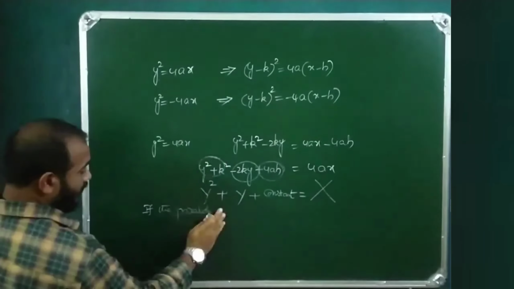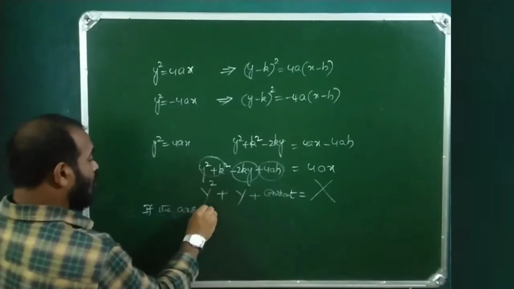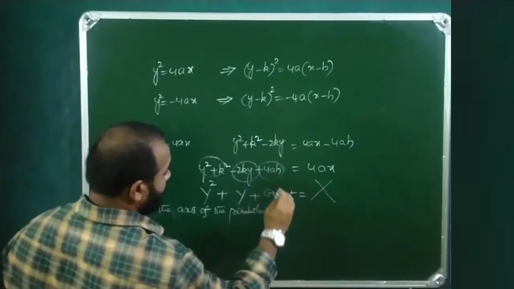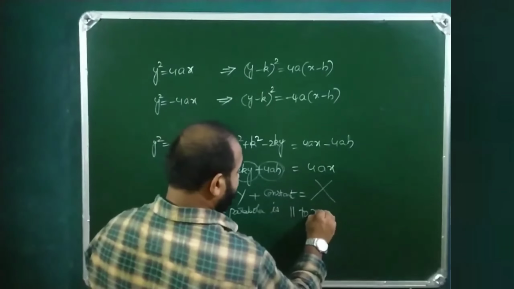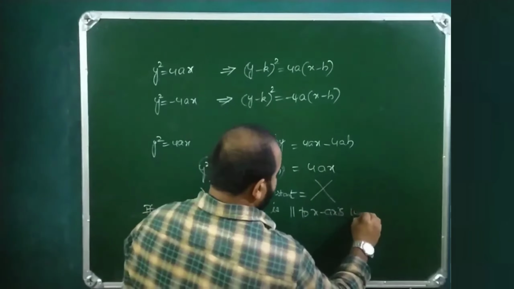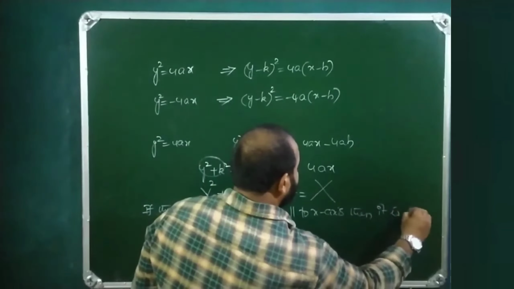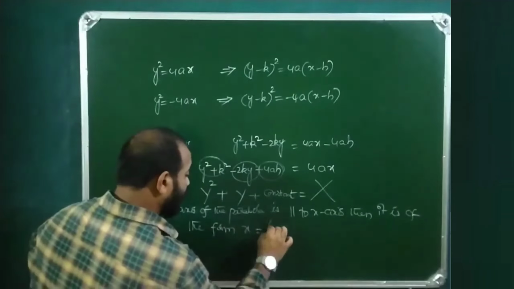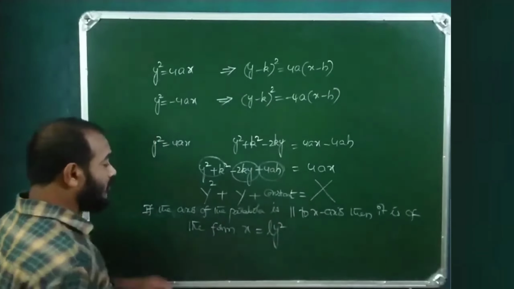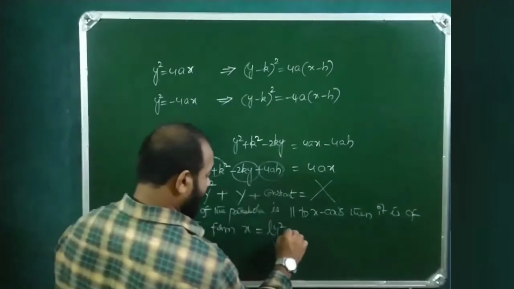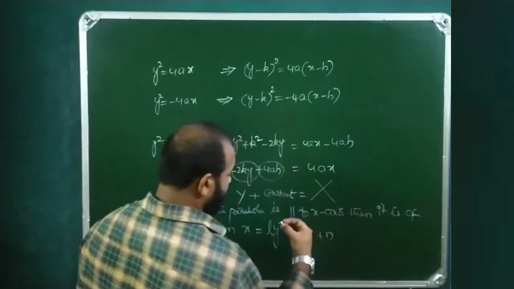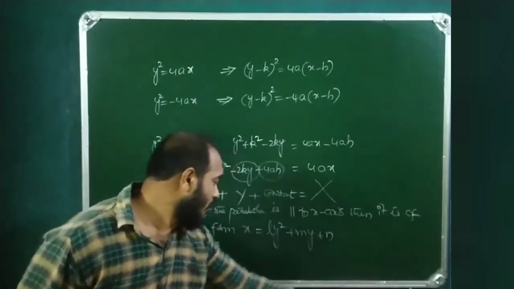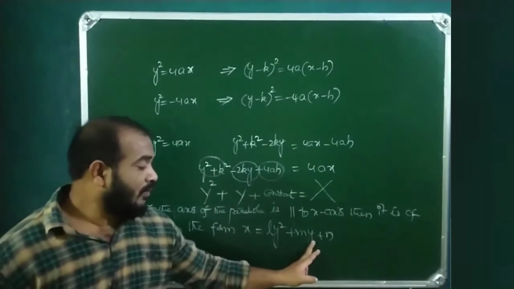Okay, that means if the axis of the parabola is parallel to x-axis, then it is of the form x equals ly square plus my plus n, where L is some constant.